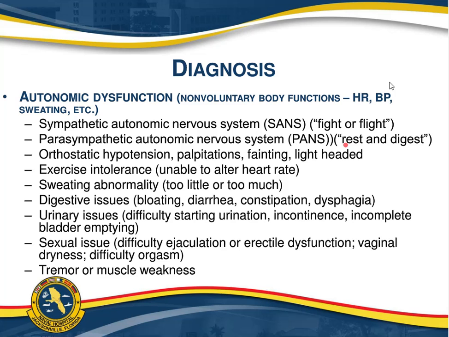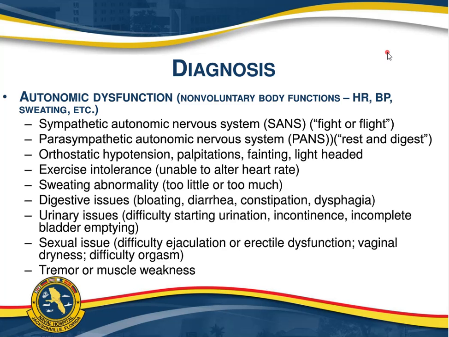So diagnosis, autonomic dysfunction. When we say autonomic dysfunction, we're talking about non-voluntary body functions: heart rate, blood pressure, sweating, etc. So sympathetic autonomic system, fight or flight, parasympathetic nervous system, rest and digest. These are just symptoms you're going to see. Maybe orthostatic hypotension, palpitations, fainting, lightheadedness, exercise intolerance, and you got to take vital signs.